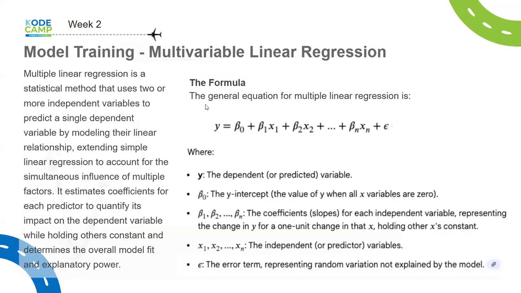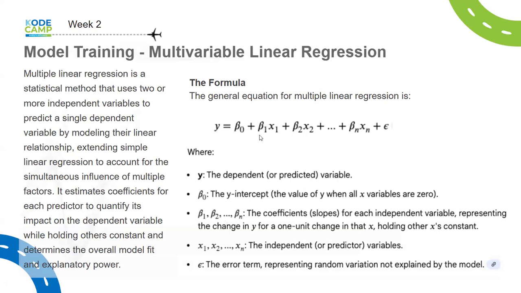Now, we'll talk about multivariable linear regression later on, but I can show you this, right? Multivariable linear regression is just the same as a regular linear regression, except that instead of having one X, you have multiple X's, right? And instead of having one M, you have multiple M's.